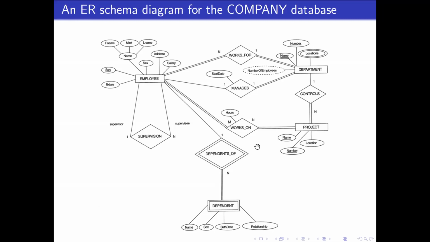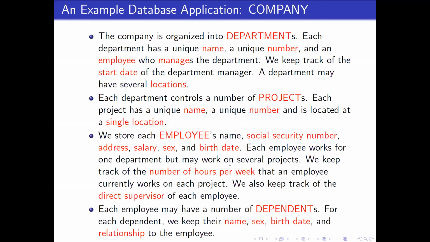The last one is the relationship type. When it comes to relationship type, you have one-to-one, one-to-many, and many-to-many.